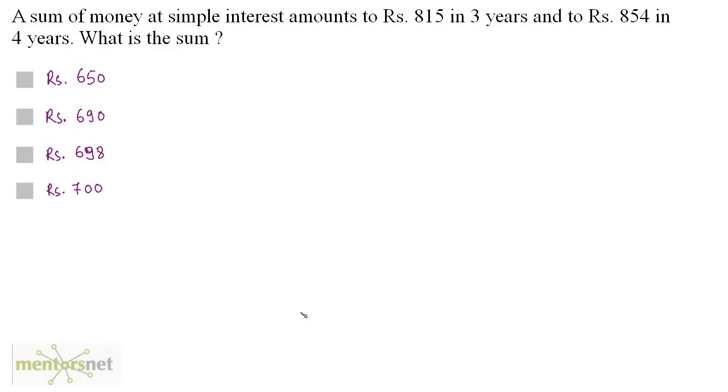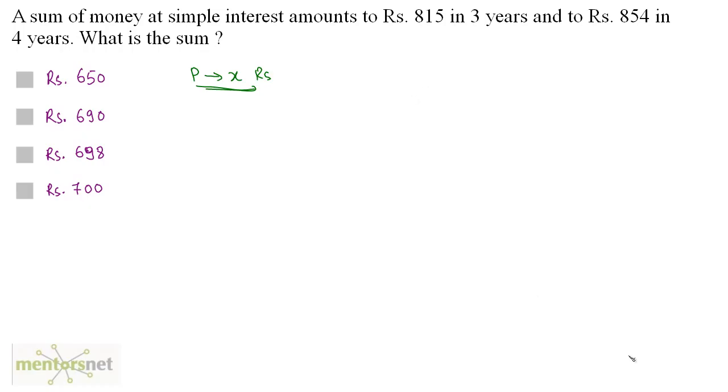A sum of money at simple interest amounts to rupees 815 in 3 years and to 854 rupees in 4 years. What is this sum? First of all, let us assume that the principal amount is X rupees. Now, as we have been given the amounts in 3 years and 4 years respectively, we can calculate the simple interest.